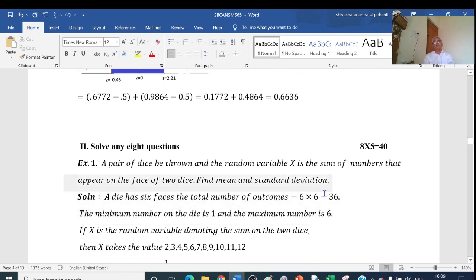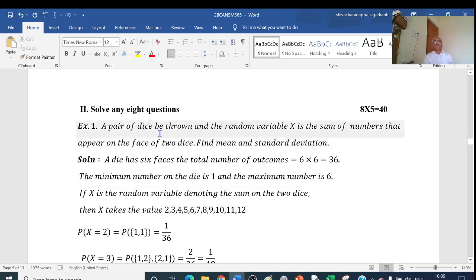And these are all 5 marks questions, a little bit bigger. So here a pair of dice is thrown and the random variable x is the sum of numbers that appear on the face of two dice. Find the mean and standard deviation. First you have to consider x as the random variable denoting the sum on the two dice. First you have to write that a dice has 6 outcomes.